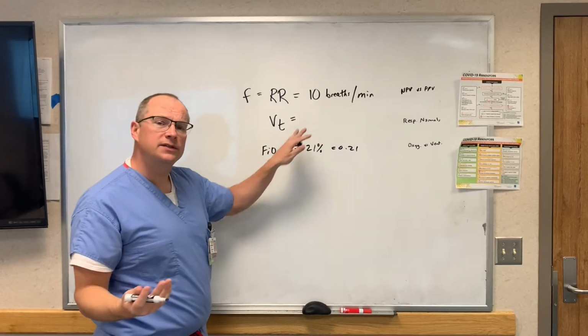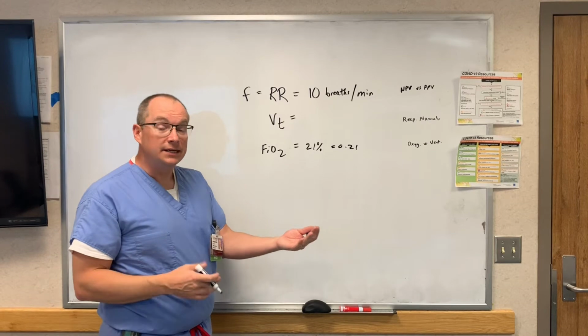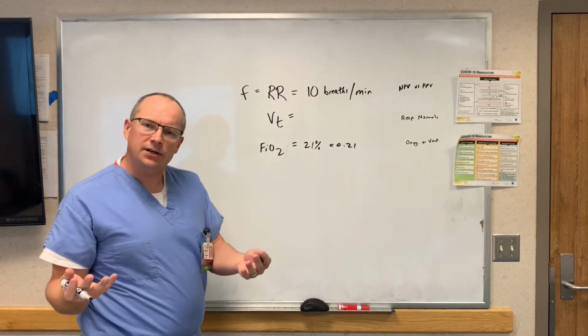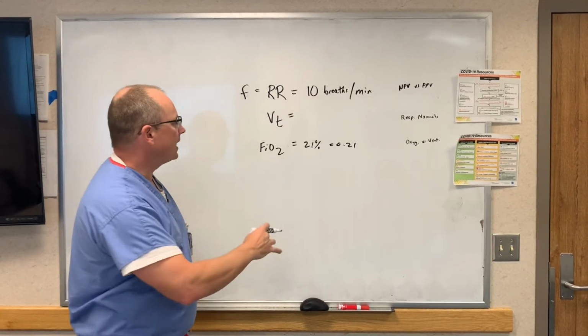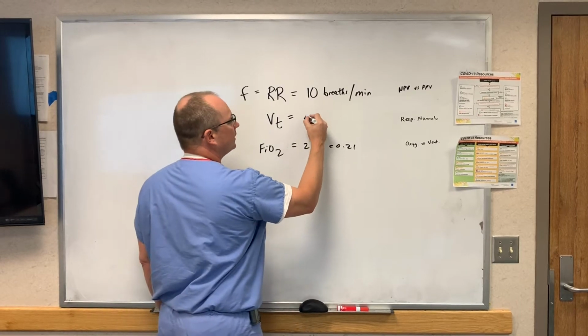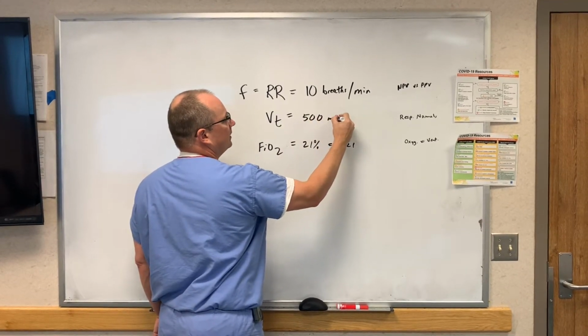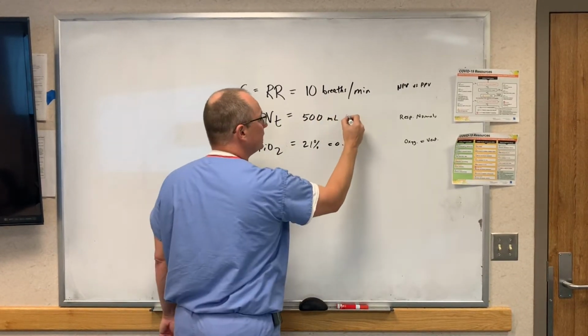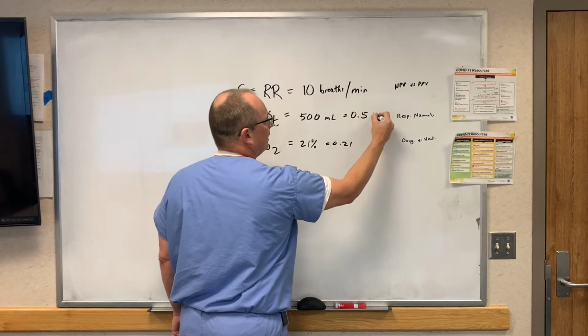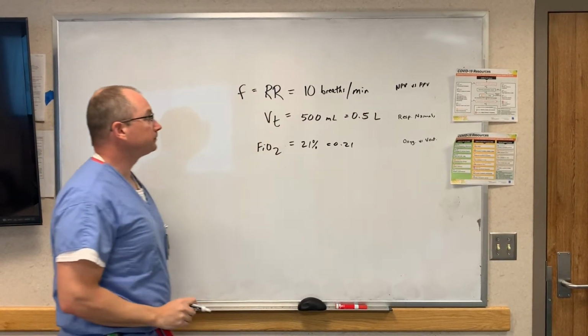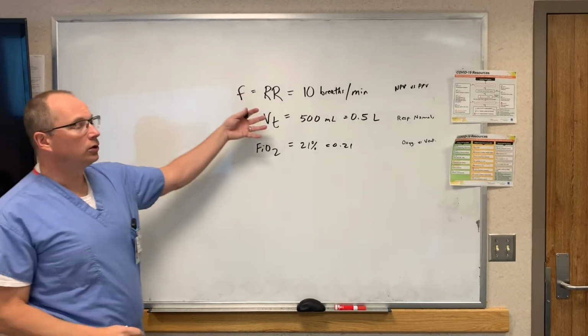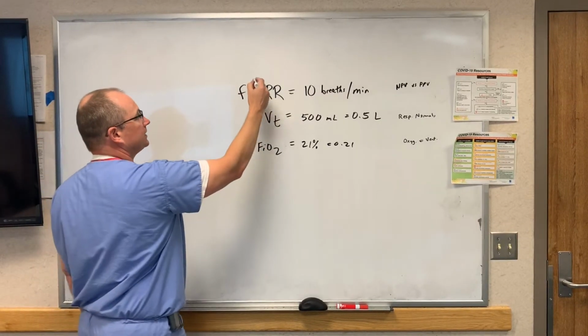Tidal volume is probably somewhere between 400 cc's or 400 mLs and about 600 mLs depending on height. So for easy math, we're going to say 500 milliliters or 500 cc's, and as a decimal, that's 0.5 liters. This is normal breathing, what we're doing in gas exchange.